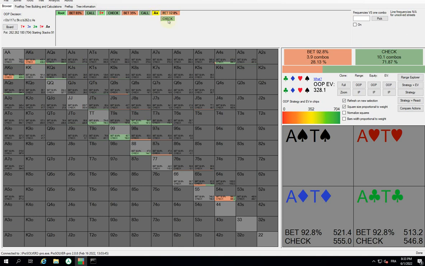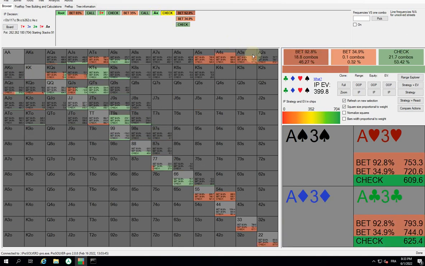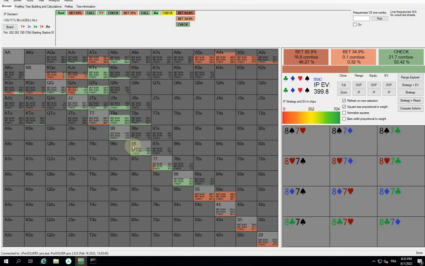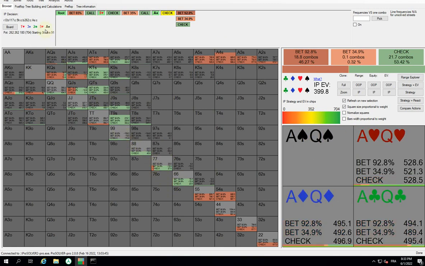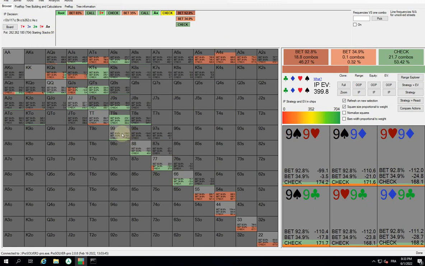Also, I think very often if I check, when this ace comes on the river, I see opponents bluffing these mid pairs, sixes, sevens, eights, nines, very, very often, and much more often than Piosolver does.